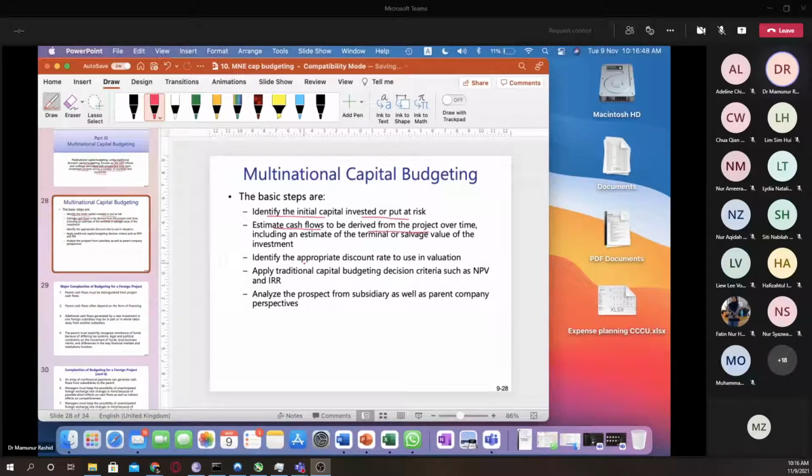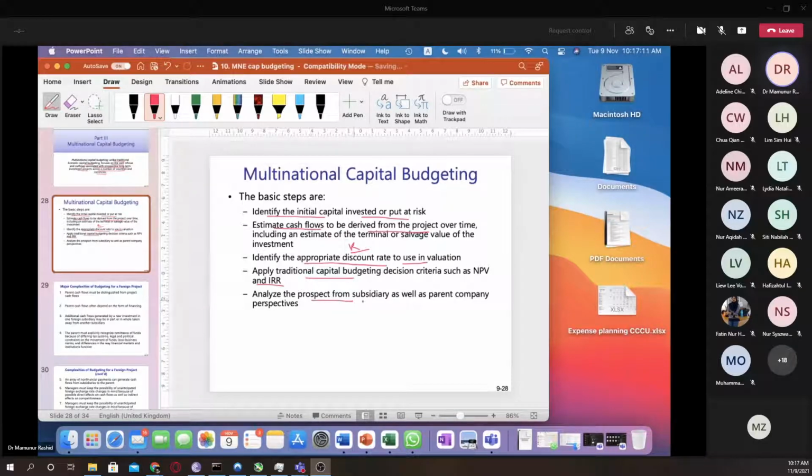And identify the appropriate discount rate to use in valuation. So you need to choose the K, remember the cost of capital, in order to calculate the present value. And apply traditional capital budgeting decision criteria such as NPV, IRR, or any other technique that you want to use in order to make the decision. So you need to use a decision tool.